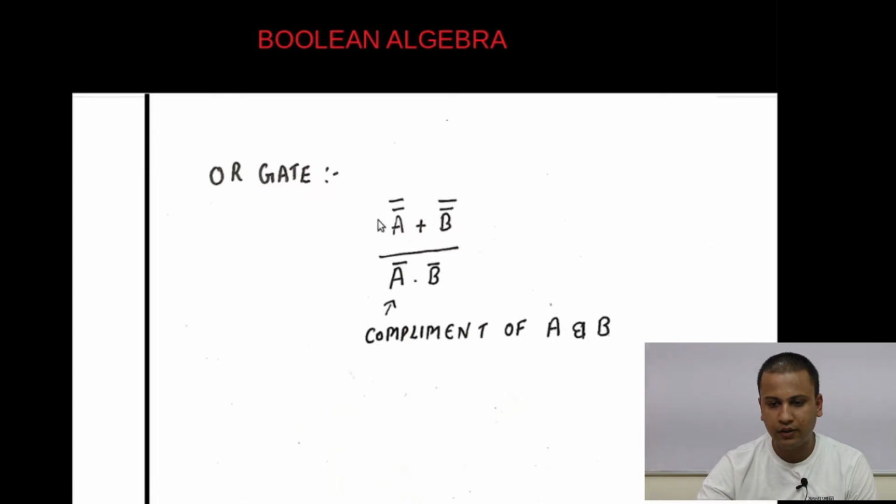Negation of A twice and negation of B twice. And by the concept of Boolean algebra, we can write negation of A plus will be changed to multiplication sign and negation of B and whole bar. Means complement of A multiplied by complement of B into a NAND gate.